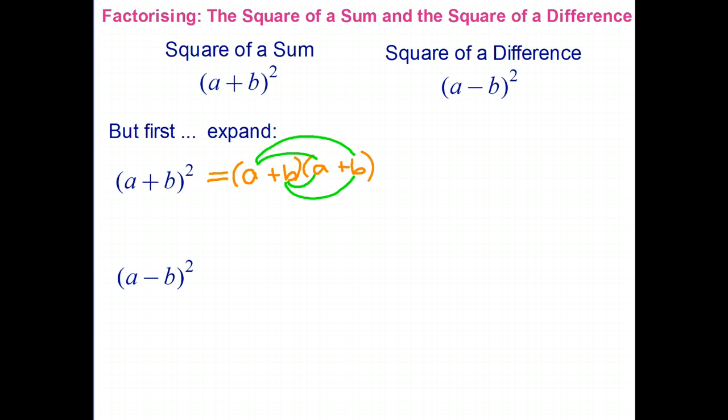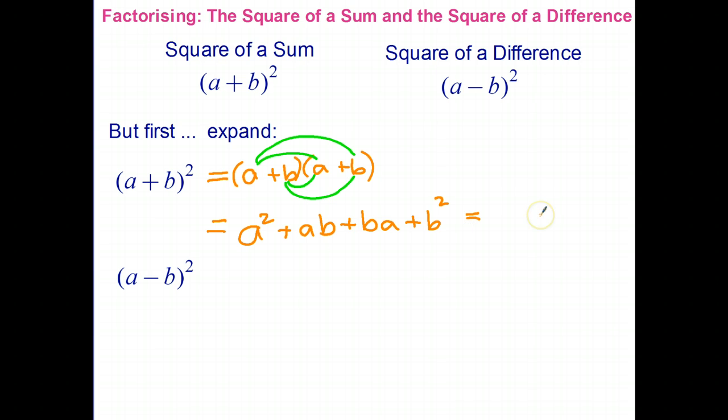I get a times a is a squared, a times b is ab, b times a is ba, and b times b is b squared.